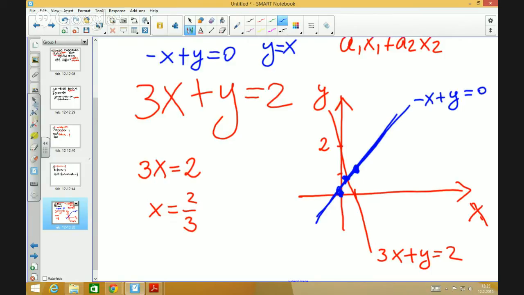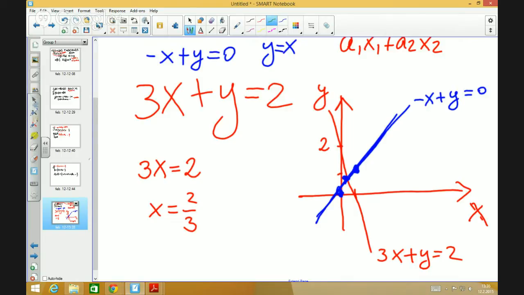So that's an example. A system of linear equations in two variables is nothing but a collection of lines. If these lines intersect, then they intersect at one point, and that's the solution. But these lines might not intersect.